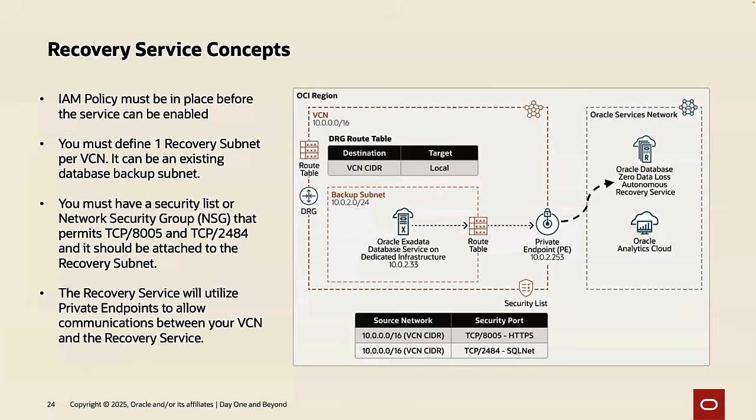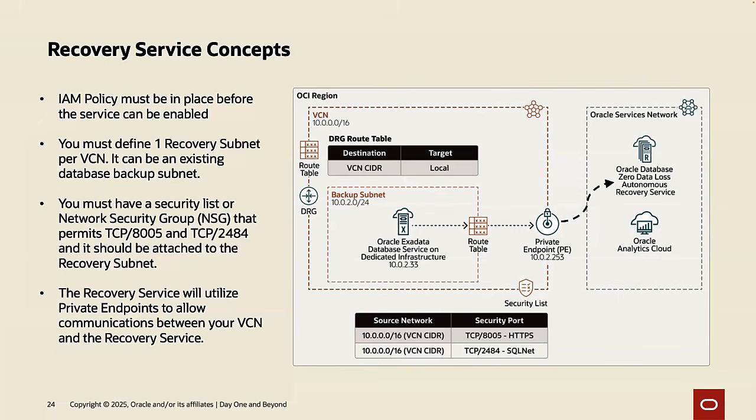So the way that this gets implemented is a few ways. First, you have to have the appropriate IAM permission to allow the recovery service to communicate to the database and to the network. You also need to allow a recovery subnet. You define this as we go into the configuration.